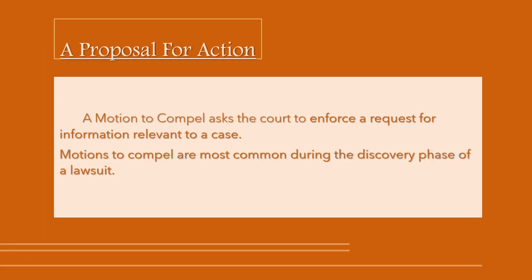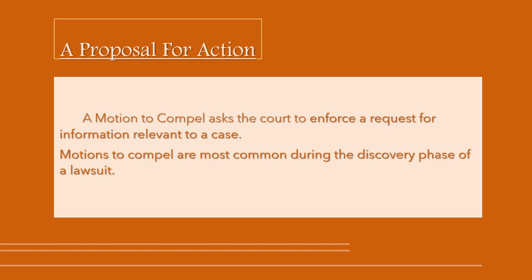So to answer the question, what is a motion? When you become involved in a lawsuit, you may want the court to agree to something outside of the normal litigation process. For example, you or your opponent may want the court to drop the case, which would be a motion to dismiss, or to decide the winner without having to undergo a full trial, a motion for summary judgment.